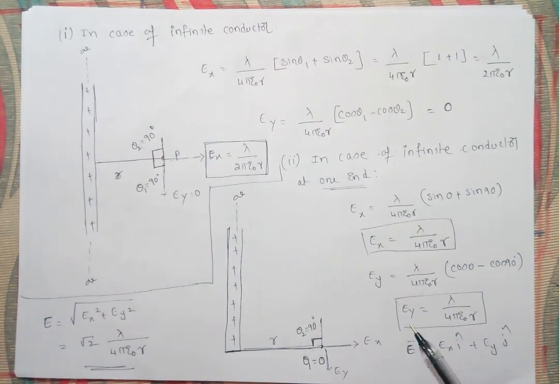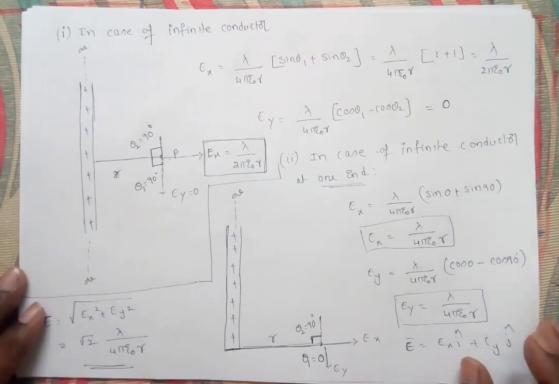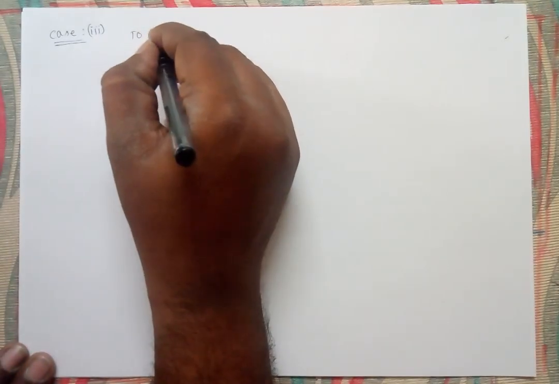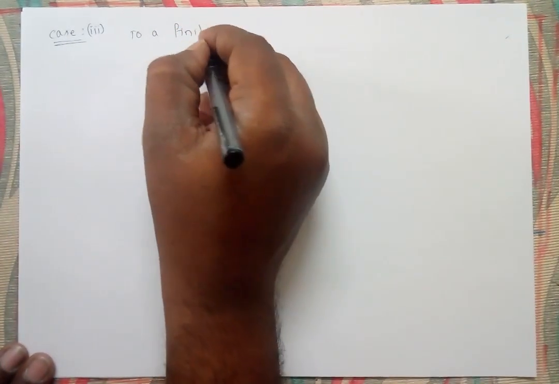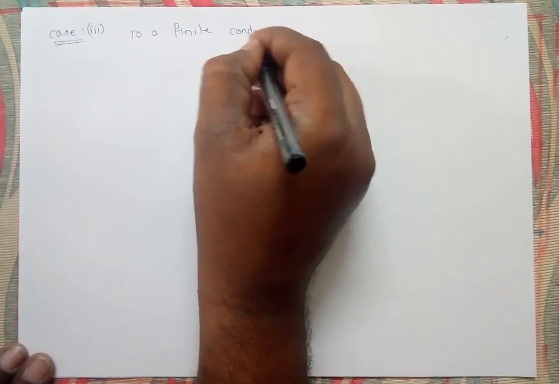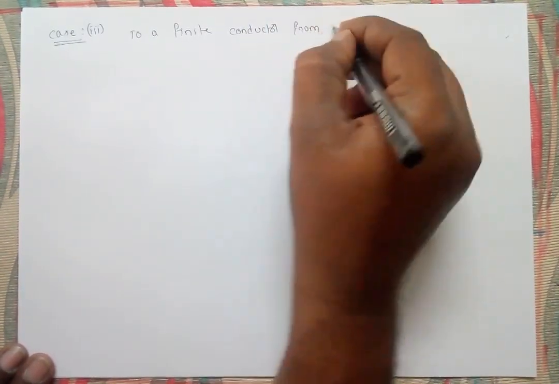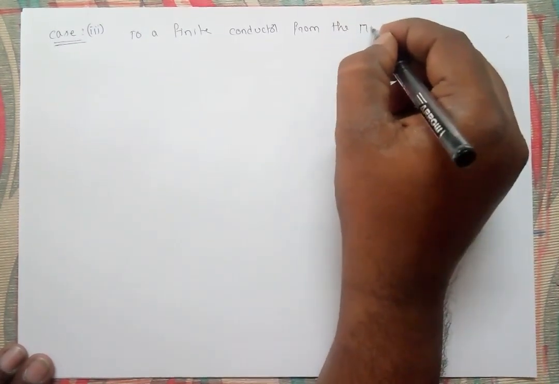Like that, you can also take a finite conductor exactly at the midpoint. Case 3: finite conductor exactly at the midpoint.